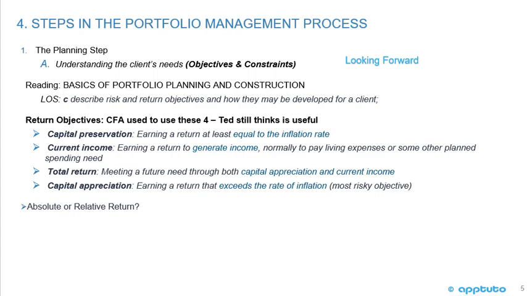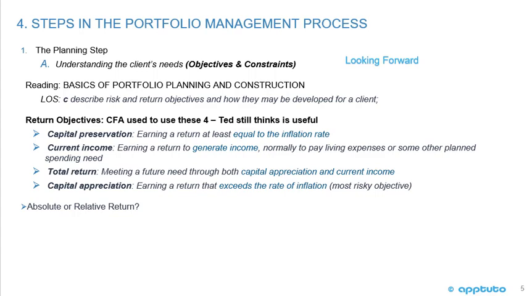Now in the CFA, in previous readings, they used to have 4 return objectives that were quite explicit. They're not there in such detail anymore, but I still think it's useful to think of return objectives with regards to these 4. So the first one was capital preservation, earning a return at least equal to the inflation rate.